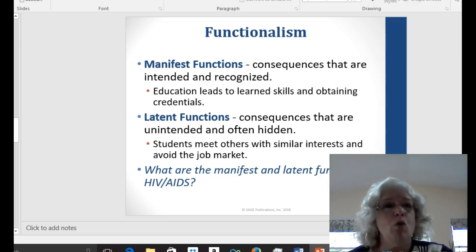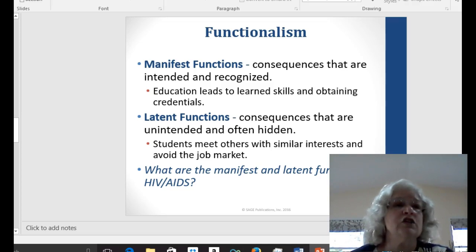Let's think about it more as we think about the legalization of marijuana, which is coming around the country, and the latent function that comes into place. We also look at the changes that affect the law system, the decrease in the number of people in the jail system, as well as the increase of profit for people.